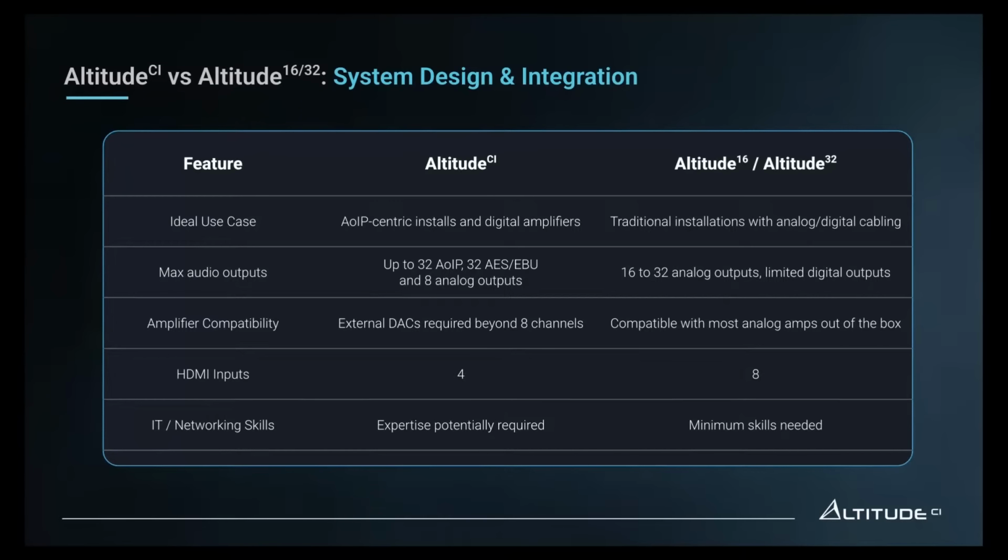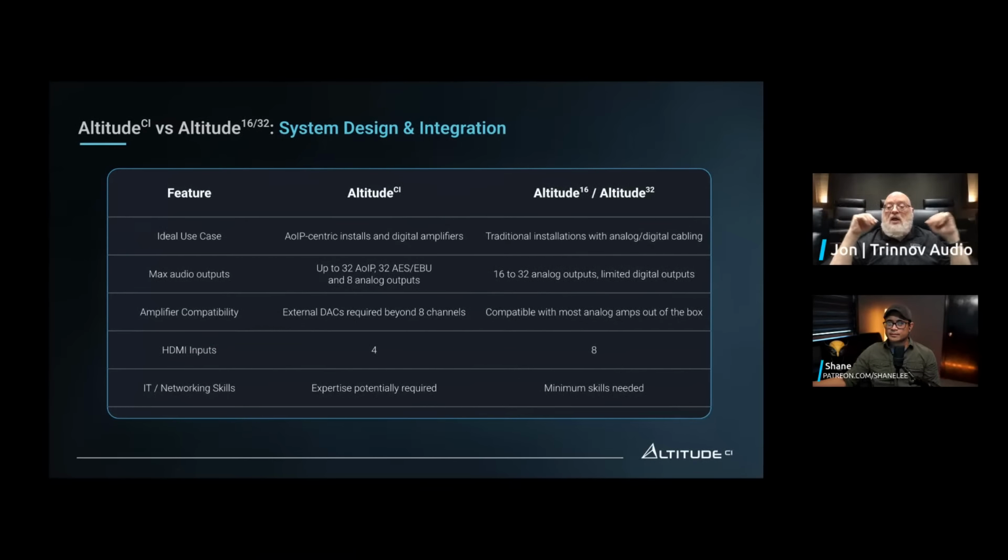One thing to note is that the CI only has 4 HDMI inputs instead of 8. Not many people need more than 4, but some people do. And in big residential installations, there's usually a whole house HDMI matrix switcher like the Crestron NVX or Savant has theirs. I don't remember the model number. There are a variety of these, and they provide all of the house sources to the entire house.